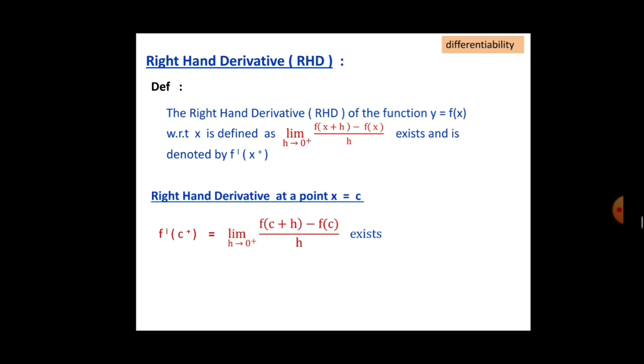So this is called the right hand derivative. Up to here you learned the definitions of derivative at c, left hand derivative and right hand derivative of the function. So remember these definitions, these are very important.